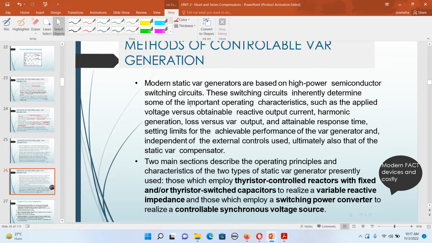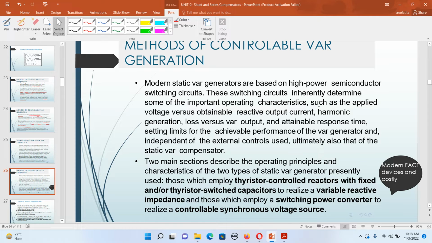These inherently determine some of the operating characteristics, which we are going to see. And remember, the VI characteristics are very important. You have to learn those VI characteristics, which we'll see in the next few slides.